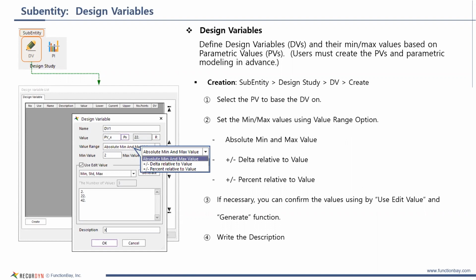So we're assuming that the user has already created these parametric values and parameterized their model beforehand. Once they've done that, then for each design variable, you can just choose this parametric value here. And then there are other controls to set the range and the different values that will be used in the DOE.